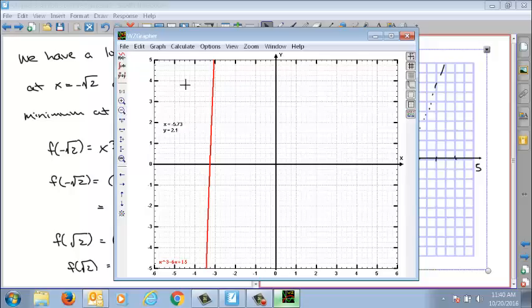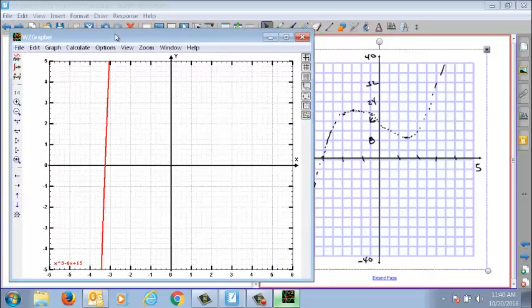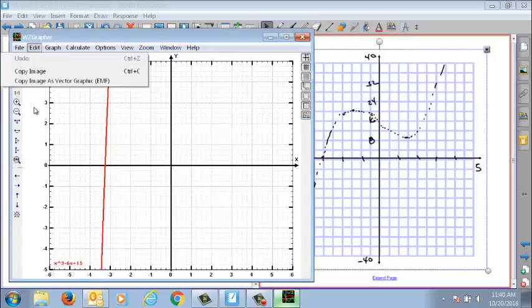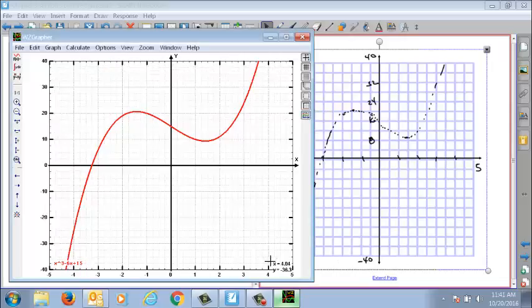Let's make it about the same scale as what we've got here. So we go to the graph, and the x scale is from -5 to +5, and the y scale is from -40 to +40. We graph it, and there you go.